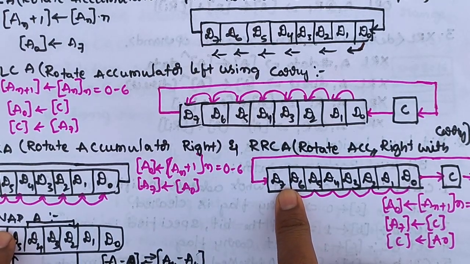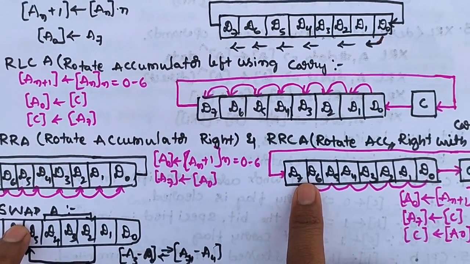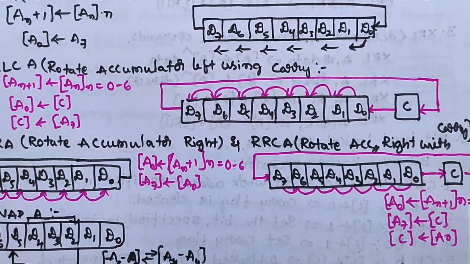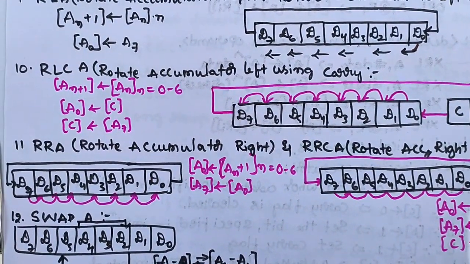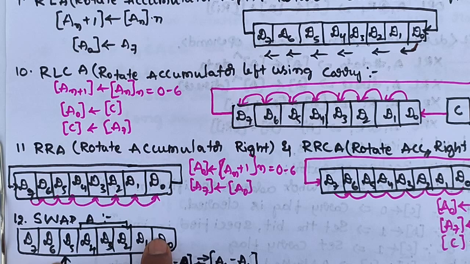And one more last bit level logical operator, that is swap. The swap instruction is used to exchange the higher nibble with the lower nibble. That is, the higher order 4 bits will come to the position of the lower order 4 bits, and the lower order 4 bits will be transferred to the higher order.